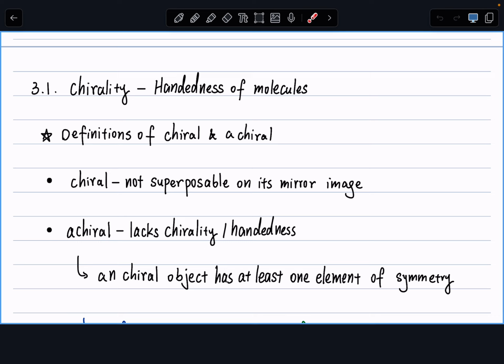And then in chapter 2, we started talking about conformations. You can draw the molecule using the wedge and dash configuration. You can also look at it from the Newman projection, which tells you the eclipsed versus the staggered conformation.